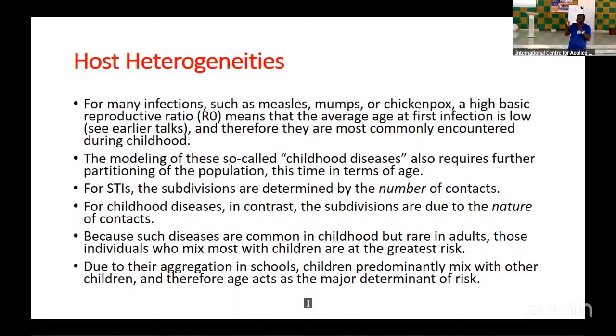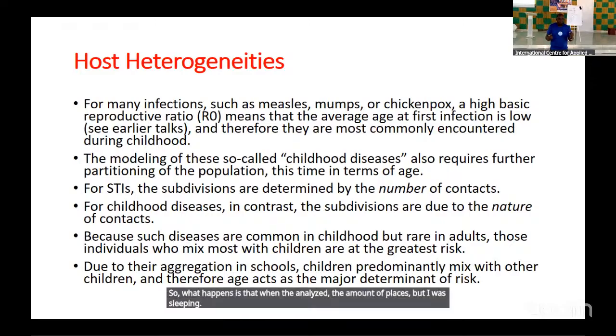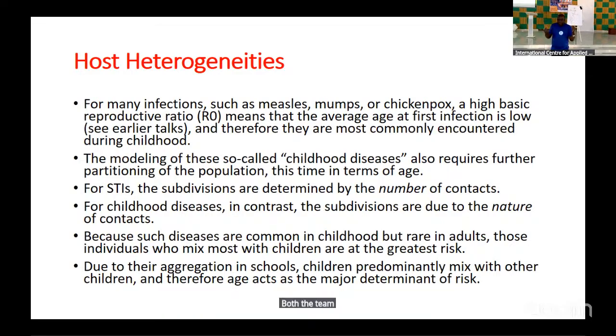For most of these, when I factor in heterogeneity, I see that it is low in the homogeneous case. The output I'm getting from the homogeneous version of the same kind of model, when I use a heterogeneous model, becomes very high. So when the R-naught that was calculated as 3 becomes 18, what happened in that case?